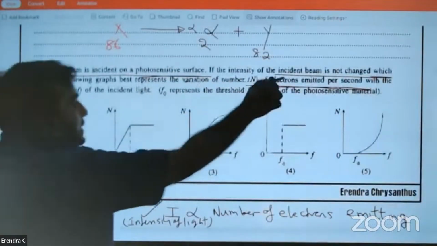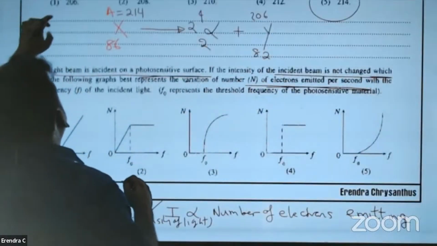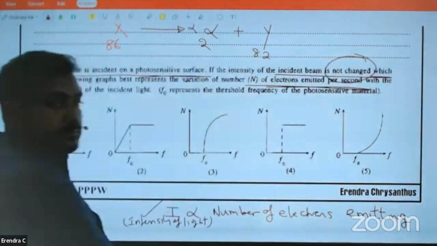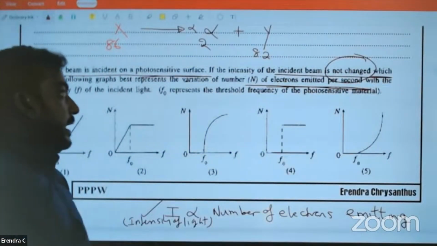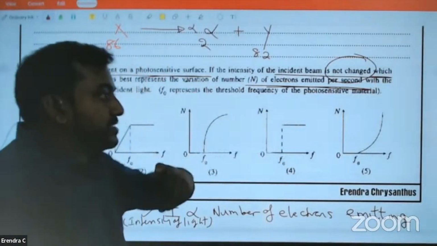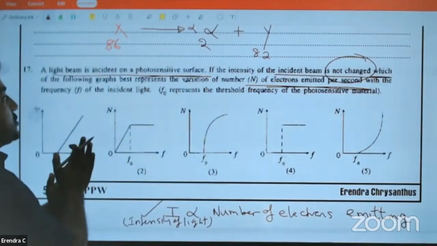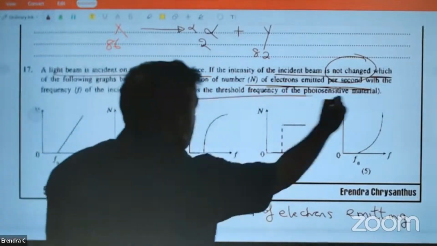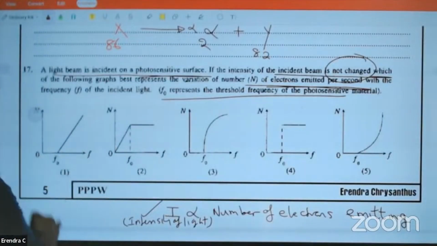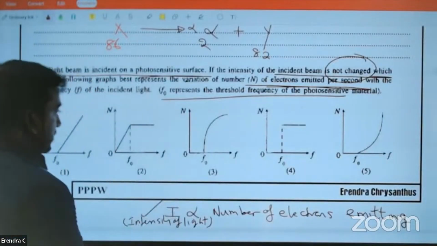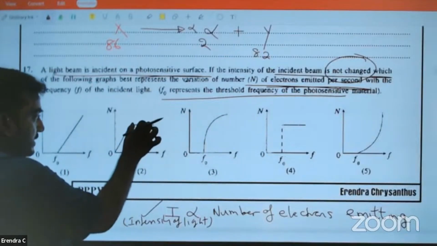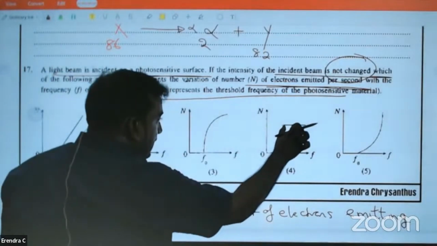Intensity constant means the number of electrons emitted will also be constant after the threshold frequency. F naught represents the threshold frequency. So after the threshold frequency, the number of electrons emitted will also be constant. This is correct.